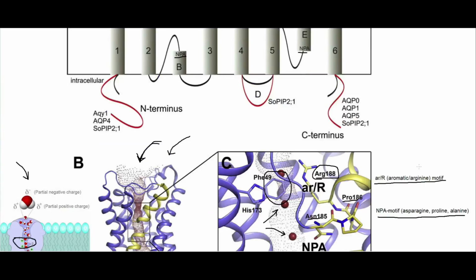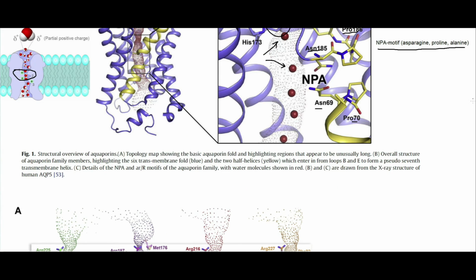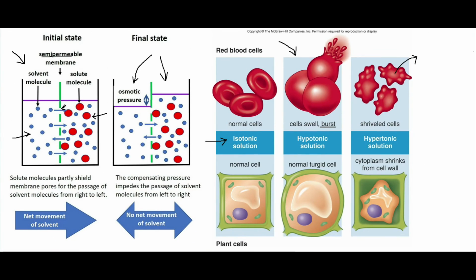So that is how these aquaporins regulate the movement of water in and out of cells. And as I said, the reason we would want that is so that our cells can control the osmotic pressure inside of the cell better.